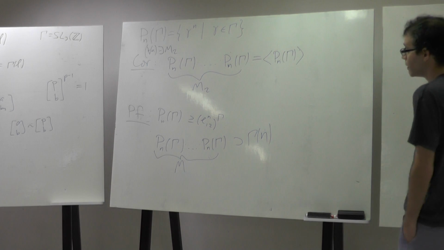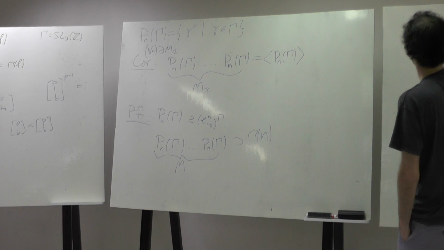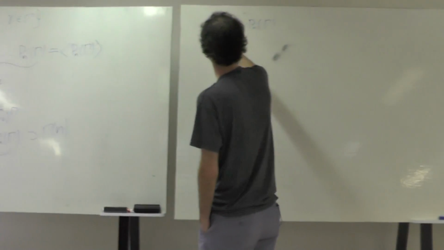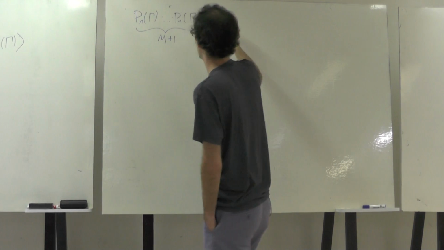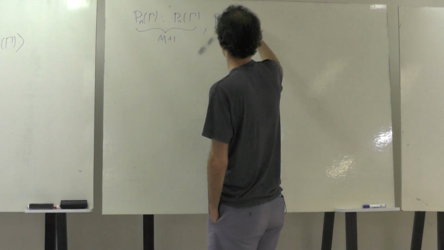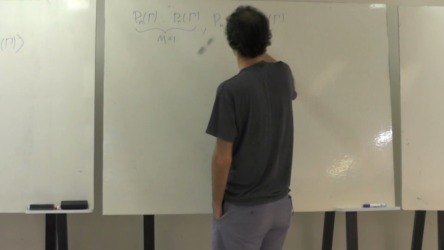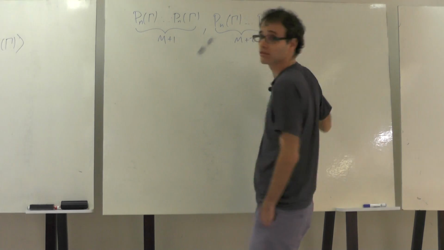But then you look at the sequence Pn gamma to the m plus 1 and Pn gamma to the m plus 2, and so on.